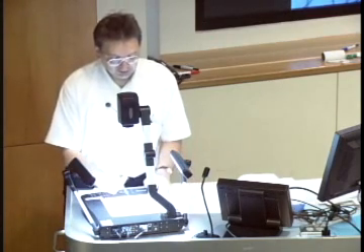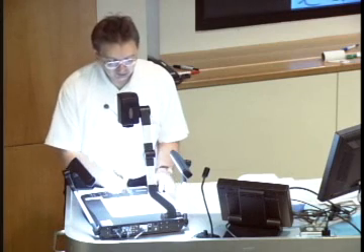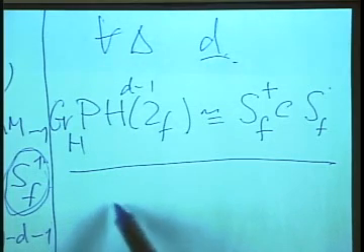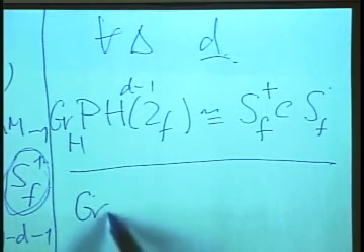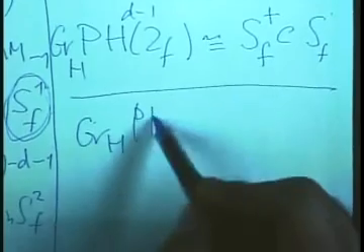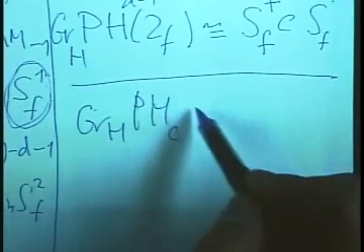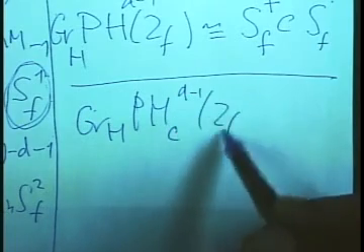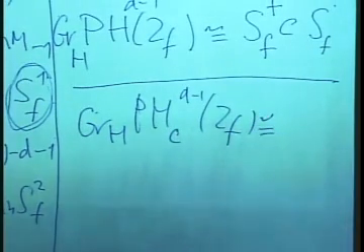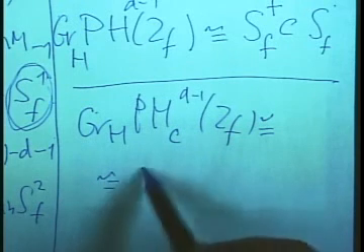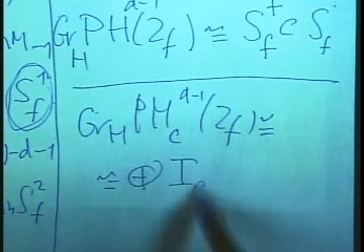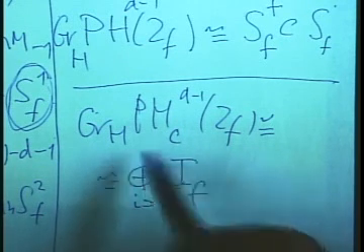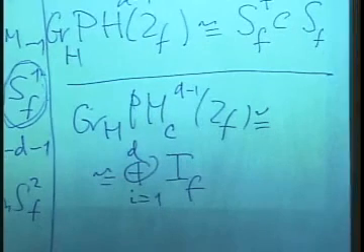At the same time, you can also write down the dual statement. If you take the graded, also for the primitive part, but cohomology with compact supports, degree d minus 1, again with compact support, you get an isomorphism with homogeneous components of this module, except the last one. That means you sum from i until d, but you drop d plus 1.